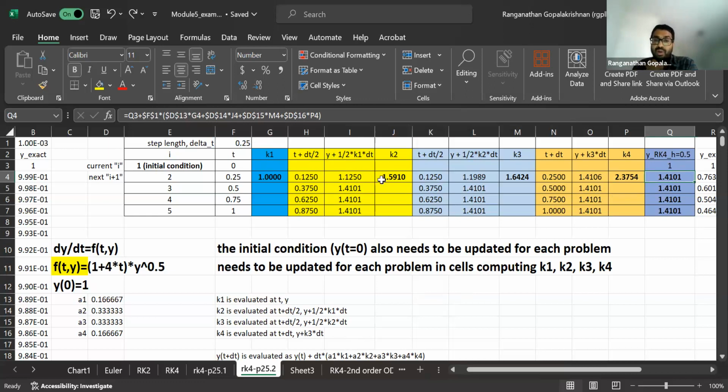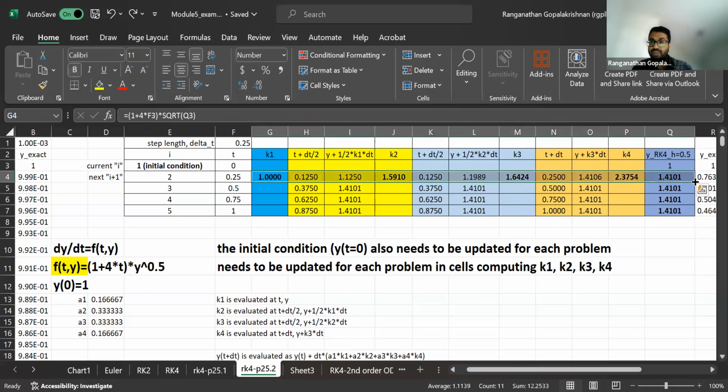If you update K1, K2, K3, K4 properly, A1s don't change. Everything else will just be computed naturally. So all you have to update is 5 places, actually 6 places: step length, initial condition, and then the 4 K values, and that's it. You can pretty much use this spreadsheet for any first order ODE problem.